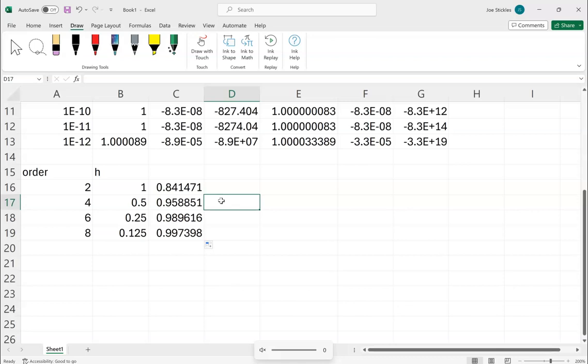All right. So how did we get this? Remember, it's new plus 1 over 2 to the n minus 1 times new minus old, right? So it's new, which is this one, plus 1 over 2 to the order.